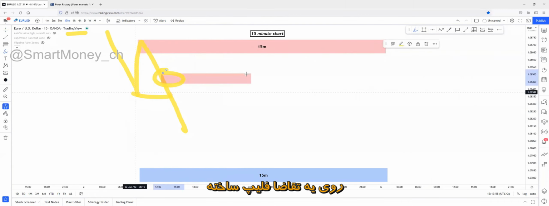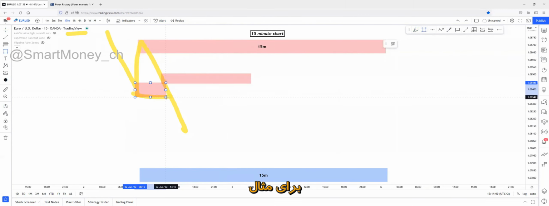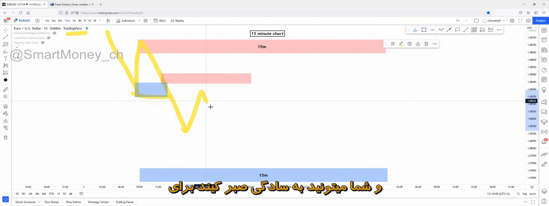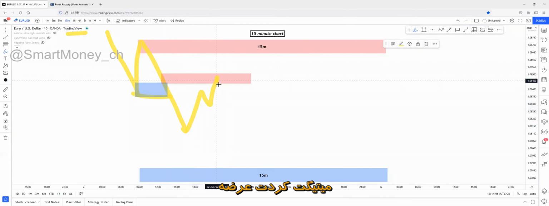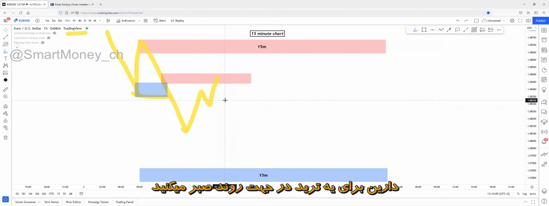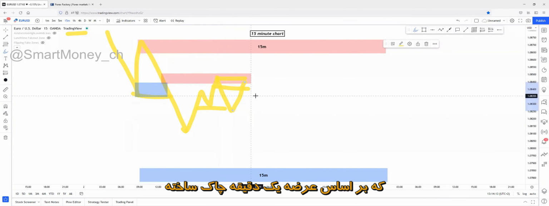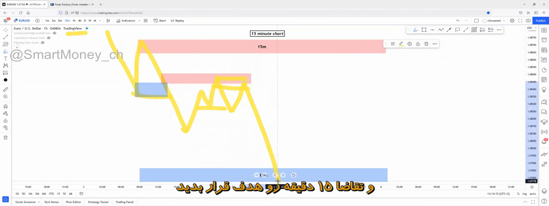So this supply zone has created a flip zone on this demand zone. For example, there's a good 5-minute flip zone, and you can just simply wait for a tap mitigation of this supply zone. Simple change of character because you're waiting for a pro trend trade. Simple change of character right here. Enter based on that 1-minute supply zone that changed character, targeting the 15-minute zone.